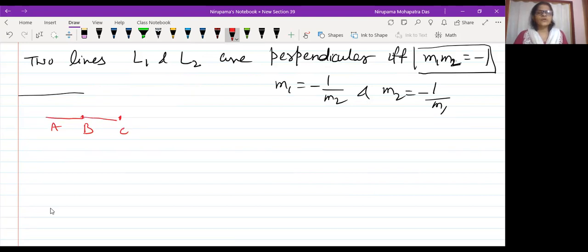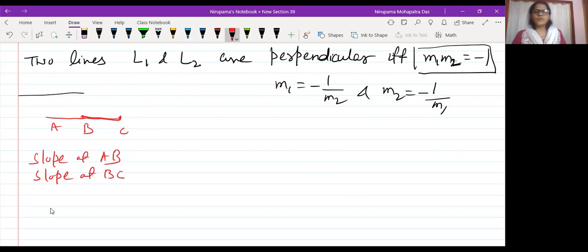So earlier what we used to take, 3 points are collinear if the area formed by these 3 points equals 0. Now instead of taking area, what else can we do here? We can find the slope of AB, then find the slope of BC.